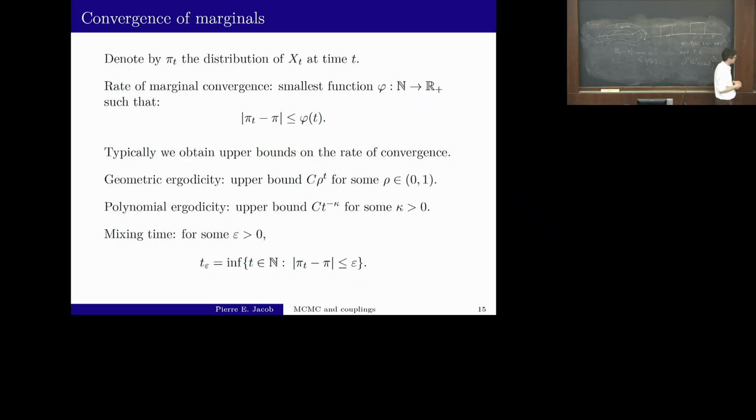Okay, mixing time. So usually people talk about mixing times to say the time it takes for the distance to become less than a specified epsilon. The epsilon mixing time. So sometimes the results are phrased in terms of rates or sometimes in terms of mixing time. Mixing time is more concretely how many steps you need to be doing.